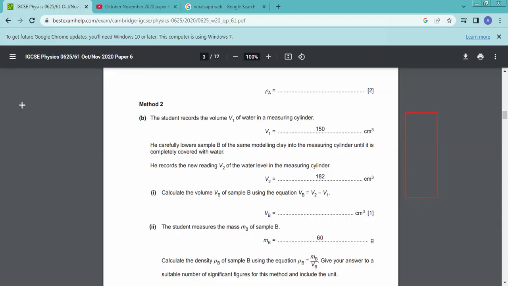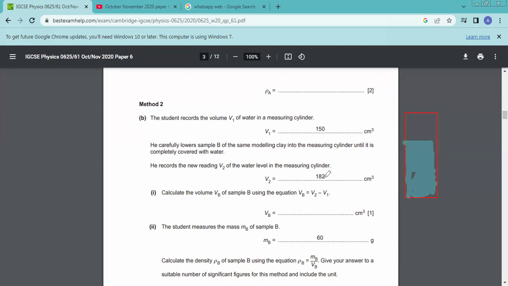So this is the water in this measuring cylinder, and this is the volume of the water level in the measuring cylinder.